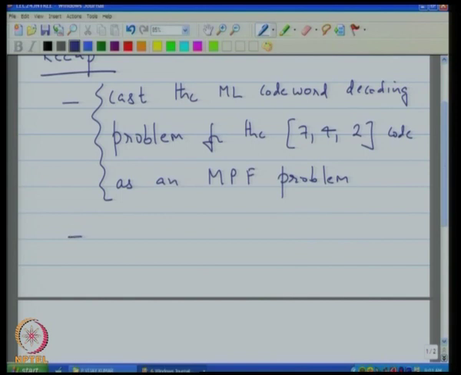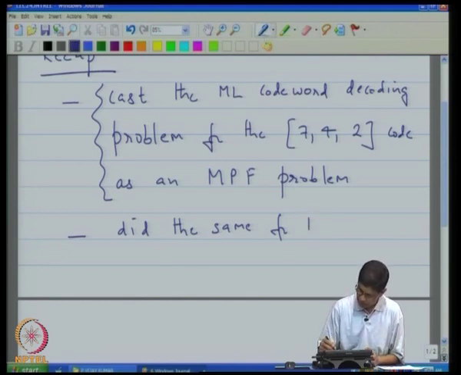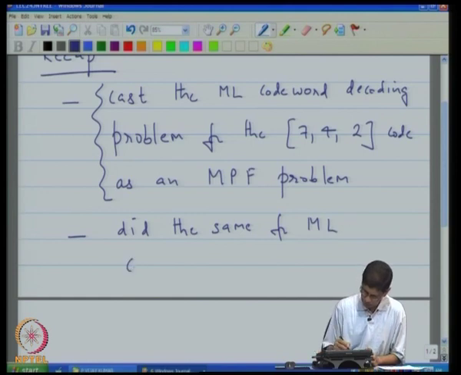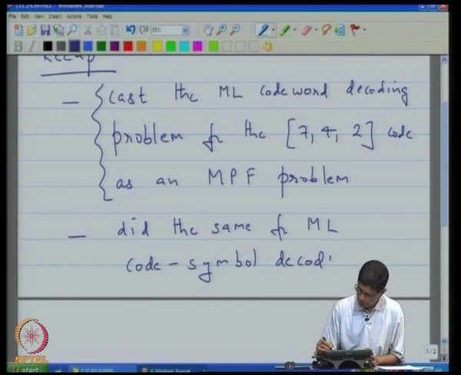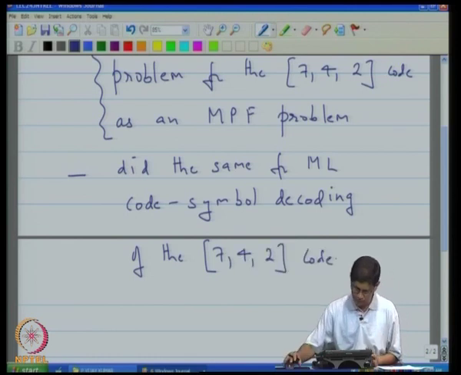So, the next thing that we did was the same for maximum likelihood code symbol decoding of the same 742 code.